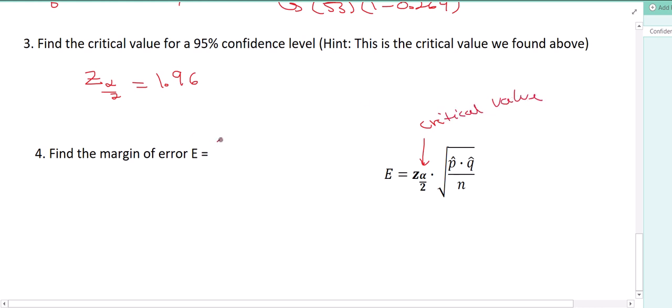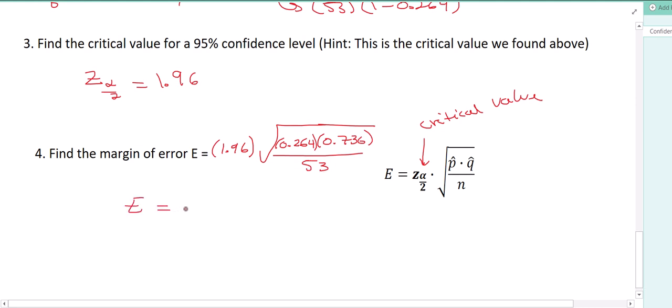And so I'm going to have 1.96 times the square root of p hat, q hat. So p hat is 0.264. Q hat was 1 minus 0.264, which is 0.736, and then divided by n. My n was 53, the number of candies in my bag.